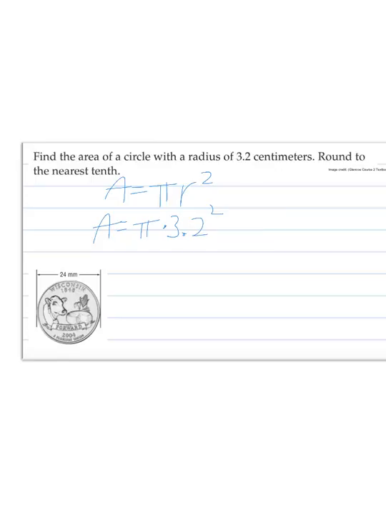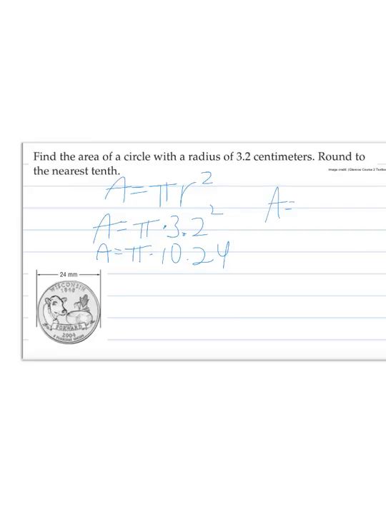So in my calculator, I go 3.2 squared. So that's 3.2 times 3.2. And then I take my answer, pi times 10.24. And again, for pi, type in 3.14.